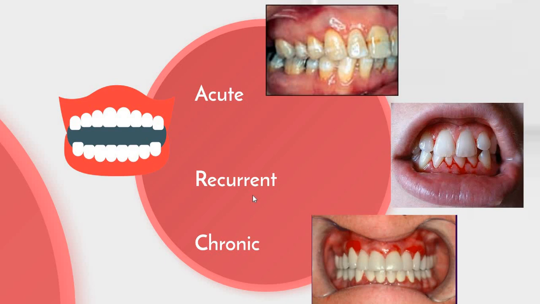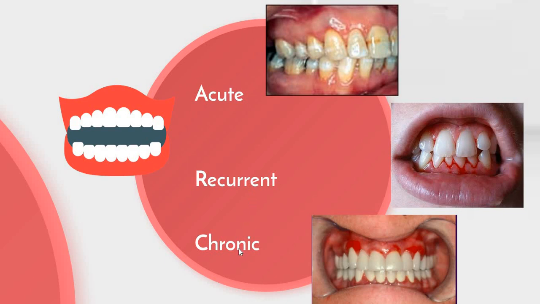In case of recurrent gingivitis, it reappears after having been eliminated. So you treat the gingivitis, and soon it will reappear after the treatment. So this type is called recurrent gingivitis, or relapsed gingivitis.